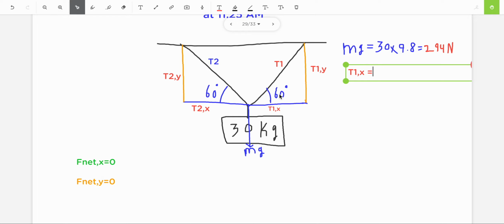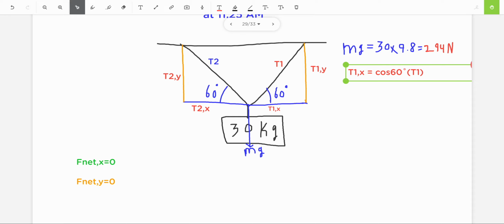To write it we should write cosine 60 degrees, not equal, multiplied by T1. That's very easy. If you ask why you multiply it with T1, there is a very fast explanation for this.